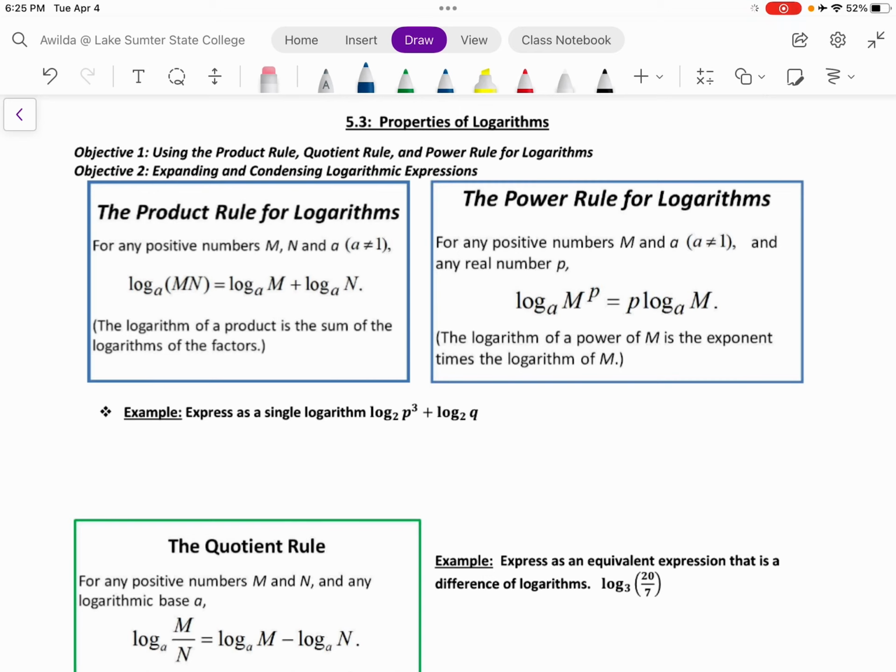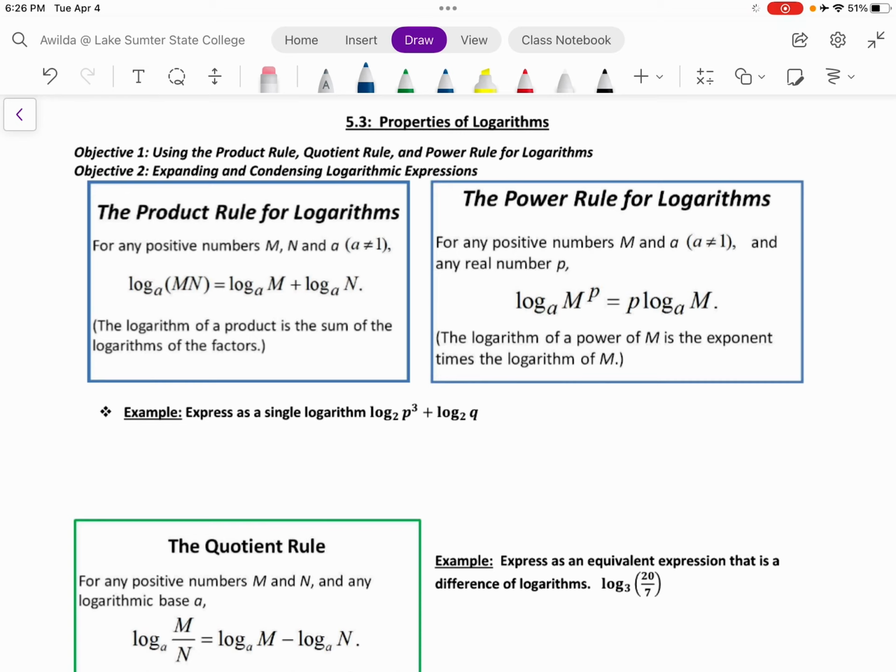For any positive numbers m, n, and a, where a is not equal to 1, the logarithm base a of m times n is equal to the logarithm base a of m plus the logarithm base a of n. In other words, the logarithm of a product is the sum of the logarithms of the factors.